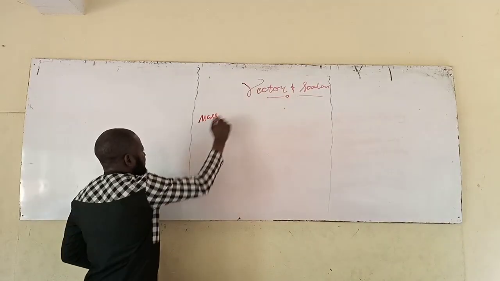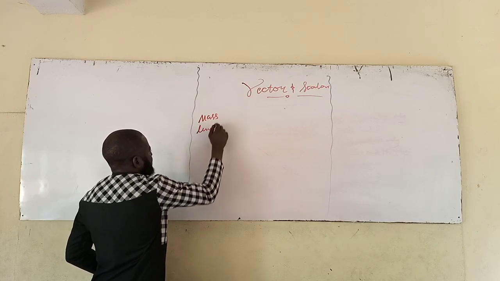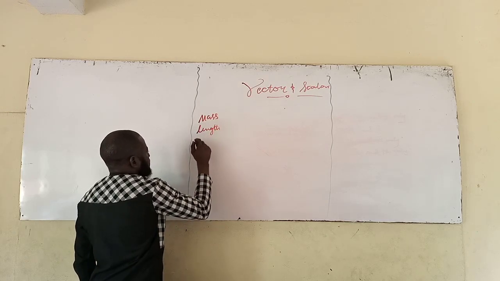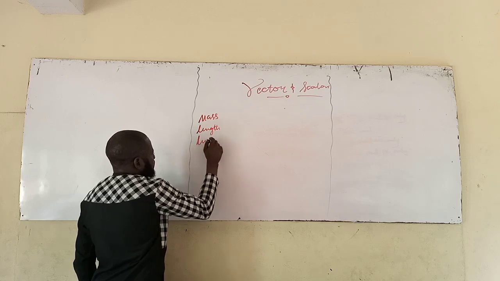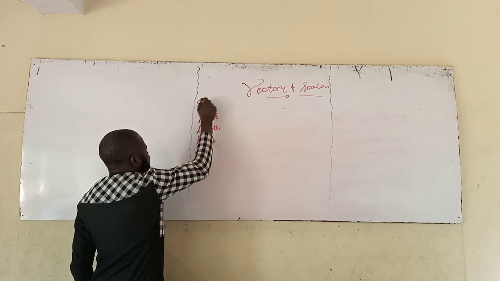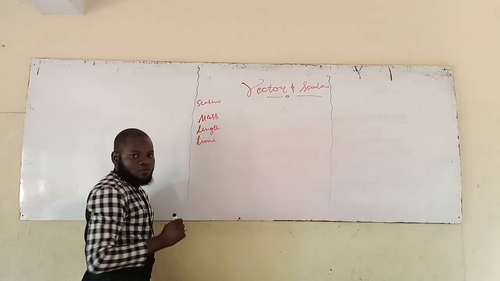So I have mass, I have length, I have time. These are examples of scalar. Take note of that.